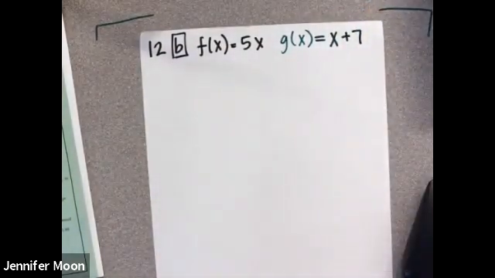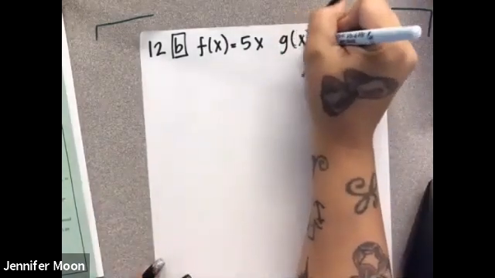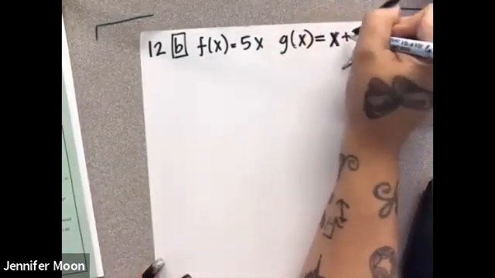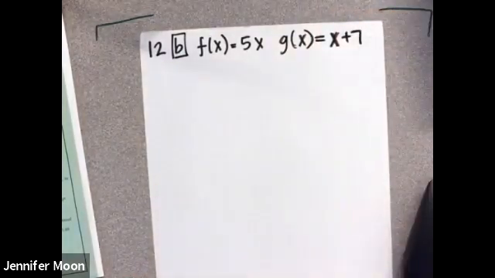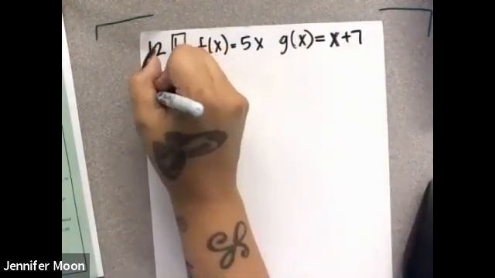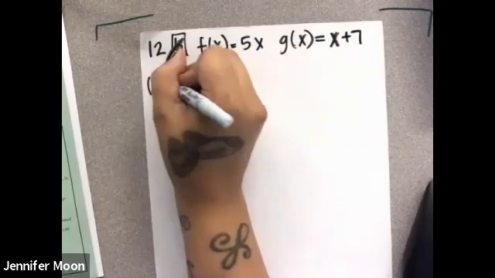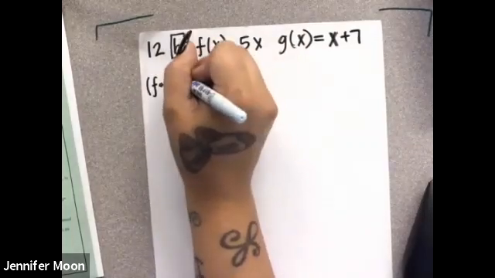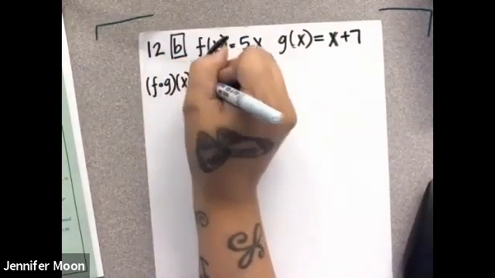Got to use red. It's going to be super ugly now, but I'm actually going to make my g of x red, okay? So the first thing it tells me to find is the composition function f of g of x. The way it looks is in parentheses, f, the little composition symbol, g, close parentheses, open, x, close.